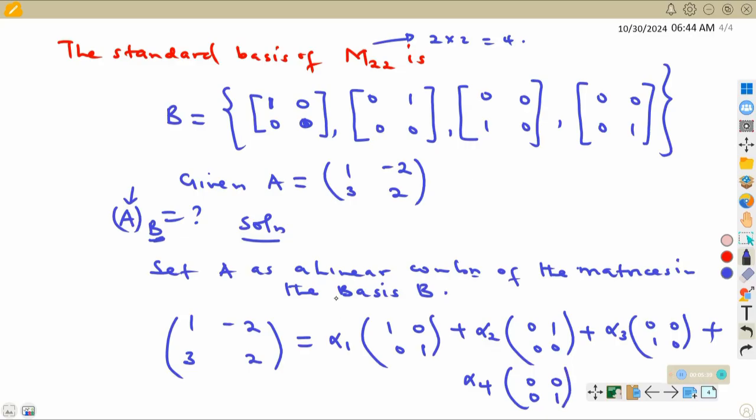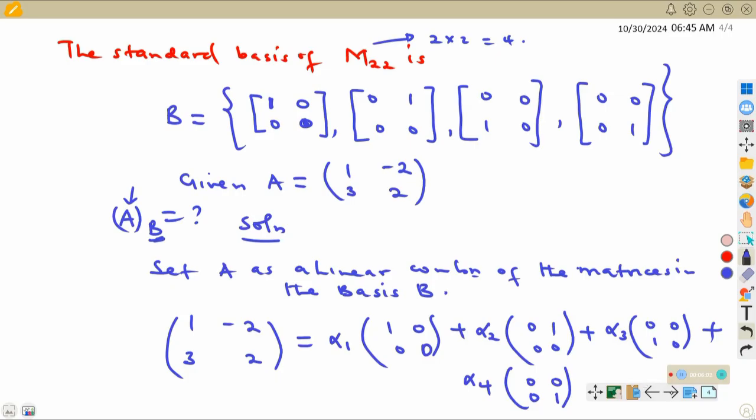From here we shall now try to compute what we have on this side, because we can easily see alpha 1 will be multiplying here, alpha 2 will be multiplying with this, alpha 3 with this one, alpha 4 with this, because all others are zeros.